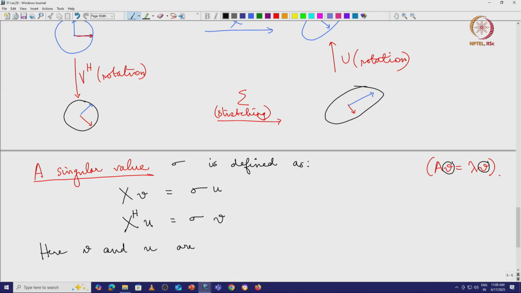Now we are defining singular values for a rectangular matrix. Here V and U are called right and left singular vectors respectively.